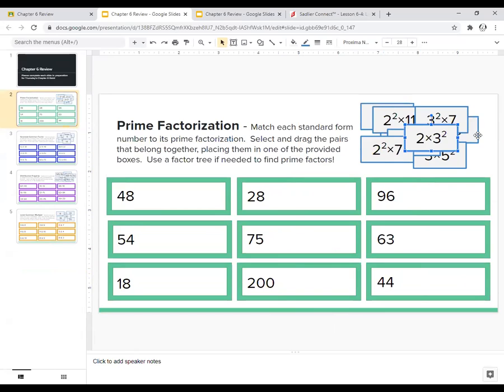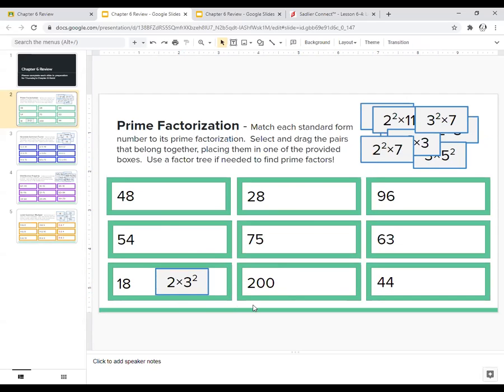This is the prime factorization of a particular standard form number. Multiply those numbers up, stack them up as a Lego tower, and tell me what number does that represent? What does 2 times 3 to the 2nd represent? What do you got, Gavin? 18. He's saying 18. So I'm going to click it and drag it next to 18.